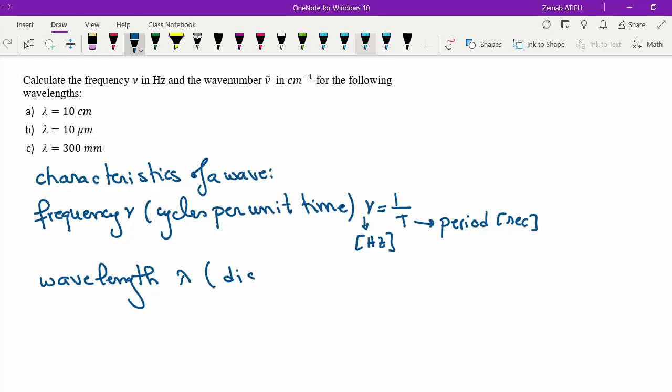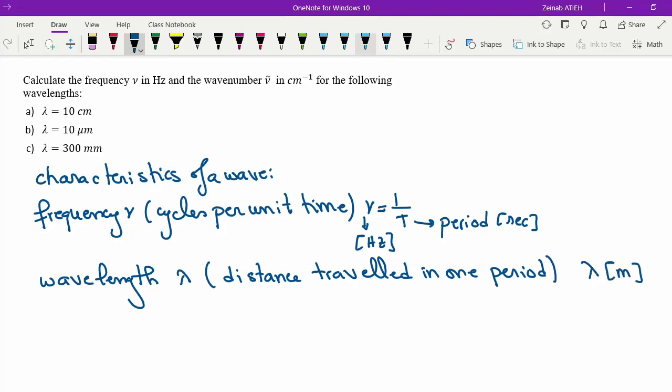So lambda has the SI unit meter. It can be expressed in other units as here. It can be expressed in centimeter, micrometer, millimeter, any unit related to distance, but the SI unit is meters.